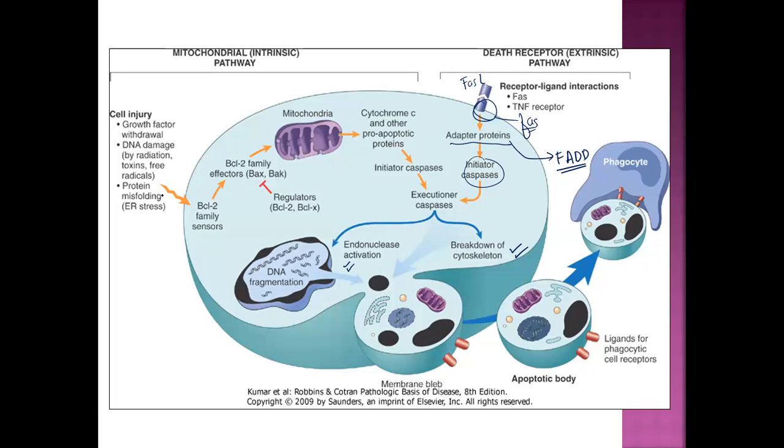Now another is the mitochondrial pathway. Generally, the check and balance for apoptosis is given by growth factor signal. So when there is growth factor signal withdrawal, or DNA damage by radiation, free radicals, toxins, or misfolding of proteins, the endoplasmic reticulum gets stressed, and this is sensed by BIM and BID majorly.